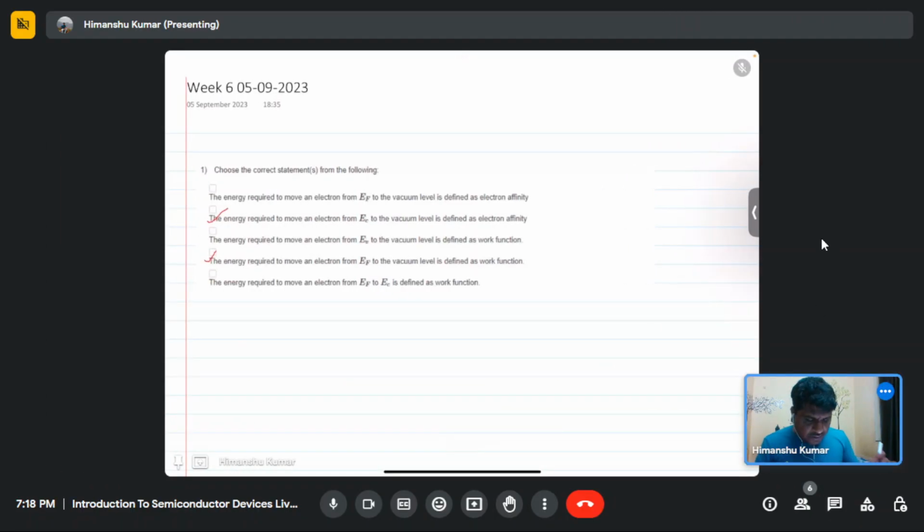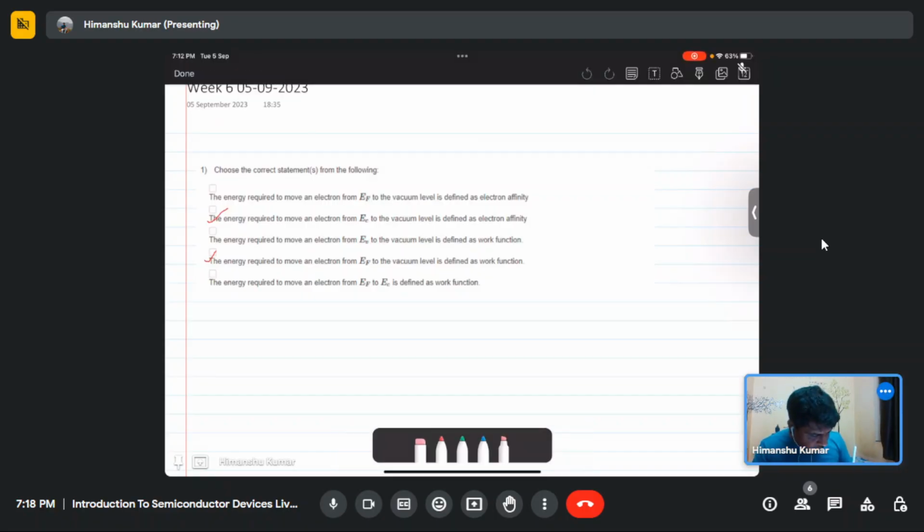So this week we will solve problems mostly related to the metal semiconductor junction. This week's content was the metal semiconductor junction, and the other was the metal oxide semiconductor junction, the MOS junction.